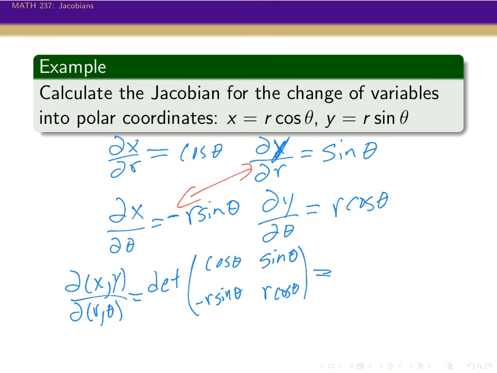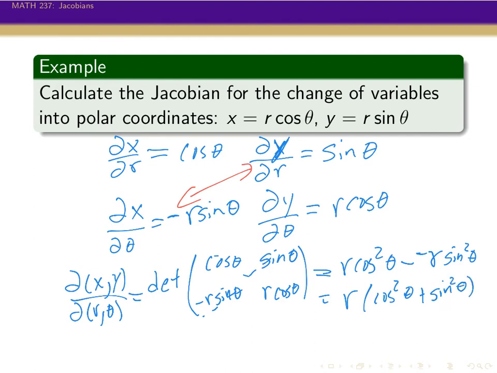And so then doing the determinant, multiplying this diagonal, we get r cosine squared theta, and then we have to subtract off the product of the other diagonal, but that's going to be minus r sine squared theta. And so really it's r times cosine squared theta plus sine squared theta, and that's just 1. So the Jacobian here is equal to r.